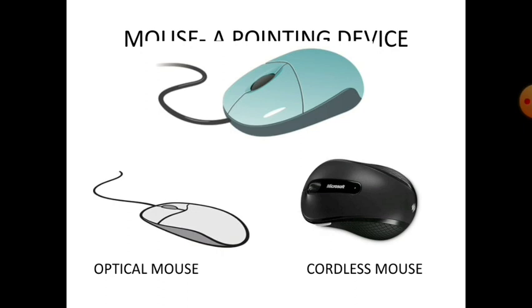An optical mouse is popular these days; it has a light beam underneath that reflects and senses the motion for the pointer by tracking the movement of the mouse. Nowadays, the cordless mouse is getting popular, which uses Bluetooth technology to send movement signals to the computer. So these are the two different types of mouse which we use nowadays.